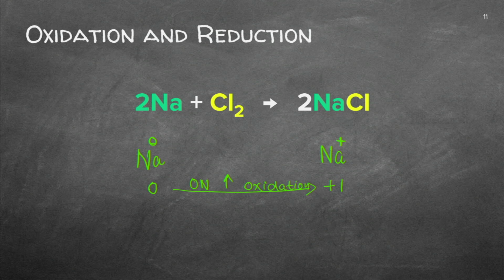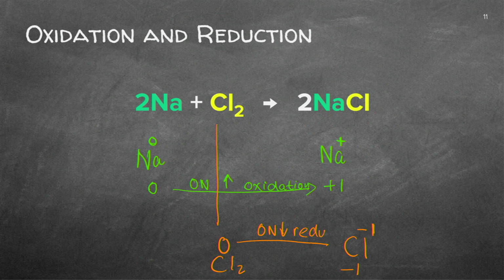What's happening to the chlorides? Well, the chlorine there has got a 0. It's just an element on its own. It's going to Cl minus 1. It is a decrease. So if the oxidation number is decreasing, it is reduction.